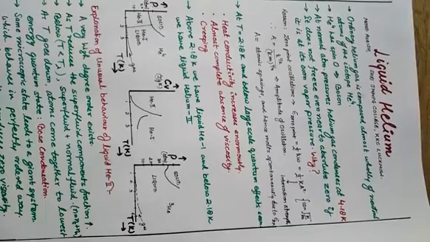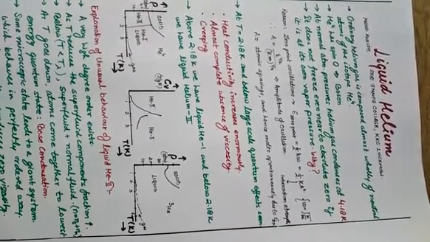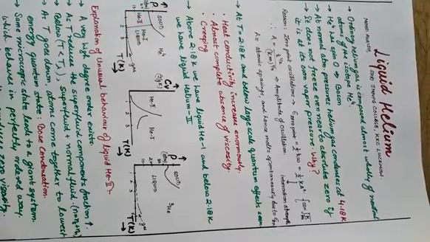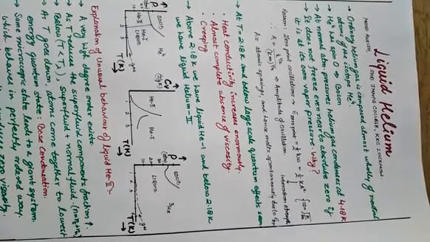So all these properties can be understood quantum mechanically. First of all, they indicate that when the system makes a transition from liquid helium 1 to liquid helium 2, it undertakes a very high degree of order which exists in helium 2.